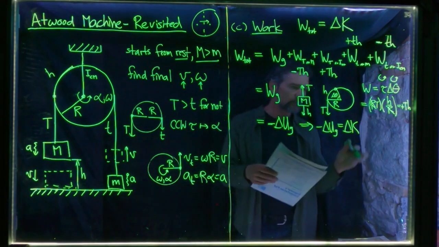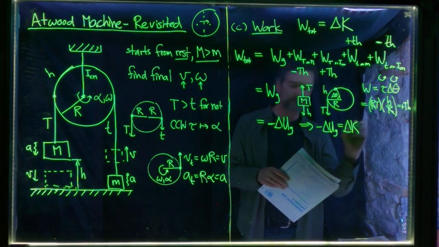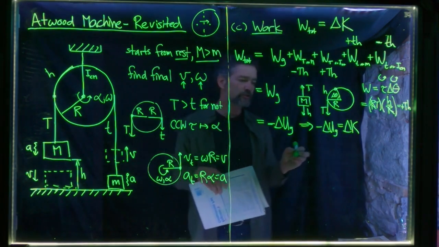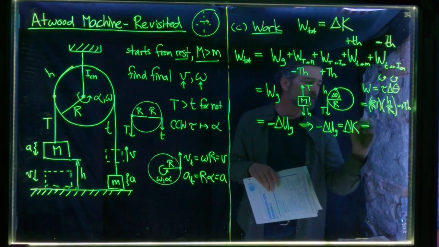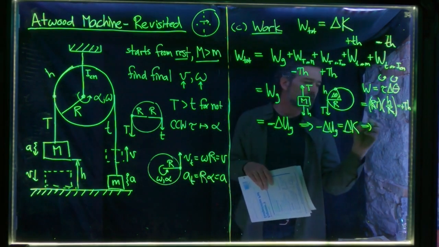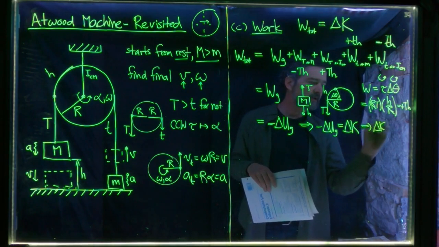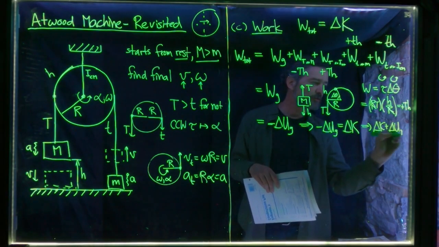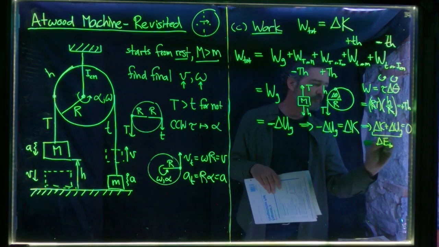And so you can see that this is exactly the same as conservation of total energy. All I do is take the negative delta U gravity over to the right-hand side, and it says that delta kinetic plus delta U gravity is equal to 0. Well, that's just delta E total.